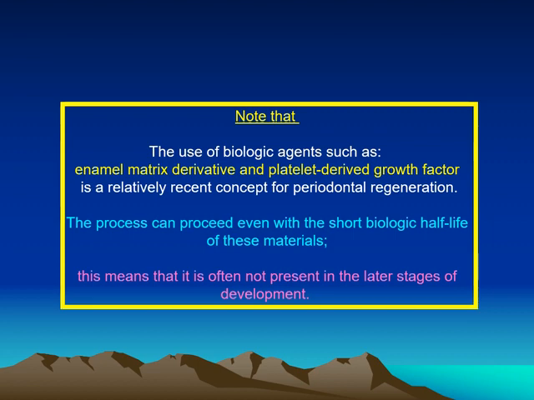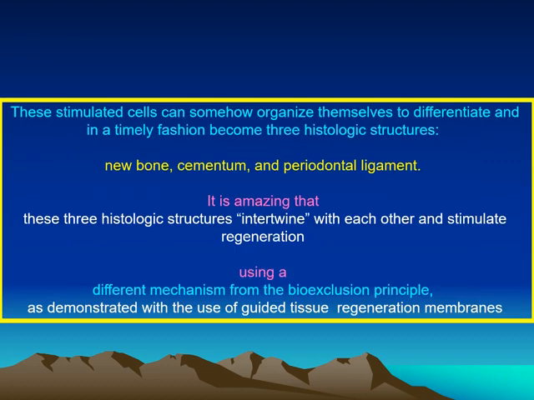Note that the use of biologic agents such as enamel matrix derivative and platelet-derived growth factor is a relatively recent concept for periodontal regeneration. The process can proceed even with the short biologic half-life of these materials. This means that they are often not present in the later stages of development.